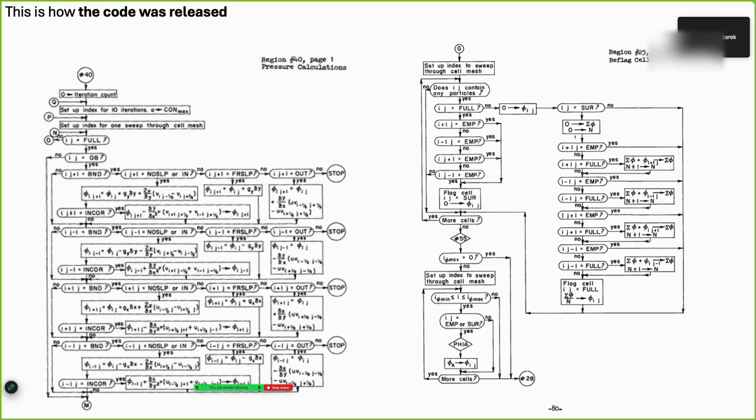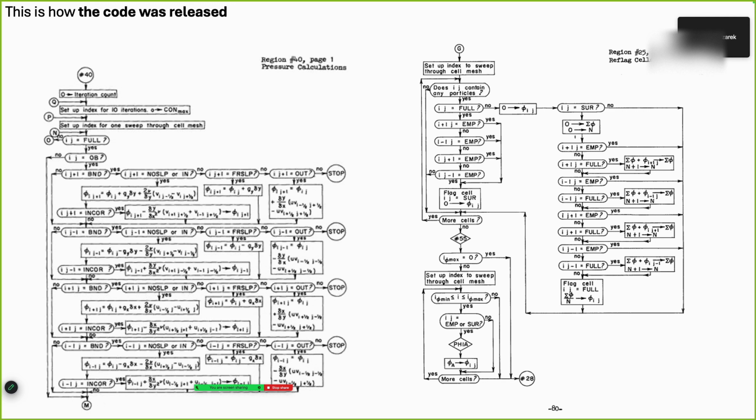What Harlow and Welch did in this report is provide a full computational code for solving Navier-Stokes. What you see on the left-hand side are some boundary conditions, some discrete operators for partial differential equations, for the pressure field.